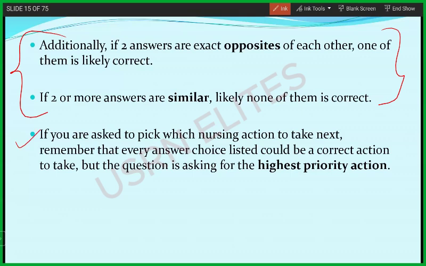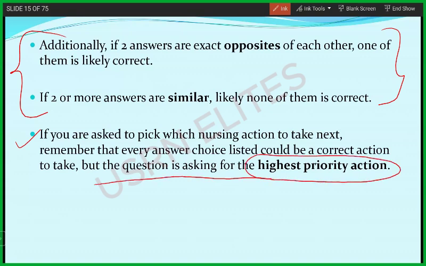On the last one here, if you are asked to pick which nursing action to take next, remember that every answer choice listed could be a correct action. I've said this over and over. But the question is asking for the highest priority action.